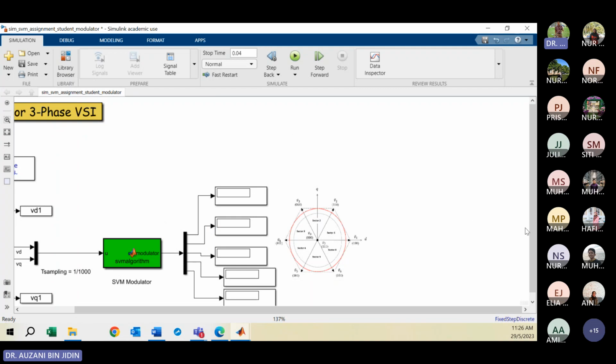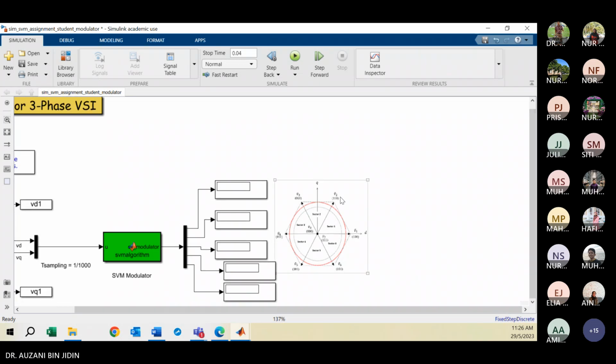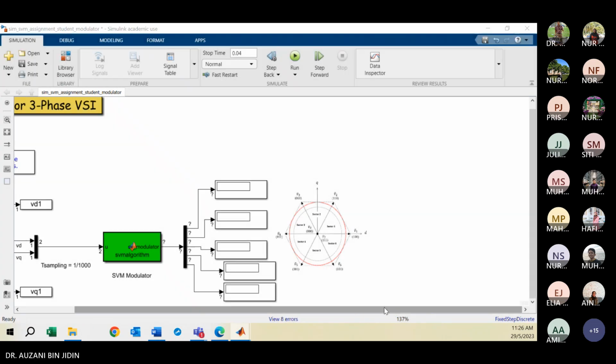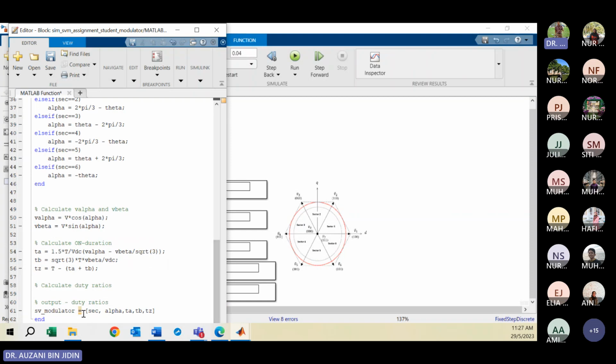So this is the correct way. Okay, then you can run the simulation. Compile first, the simulation. Okay, why cannot? So here you have 5, right? This one 5.